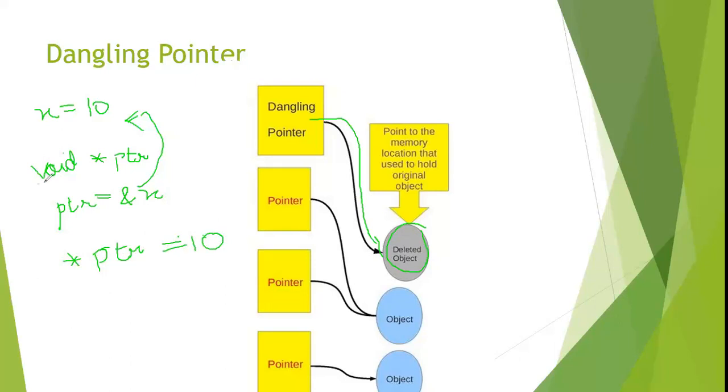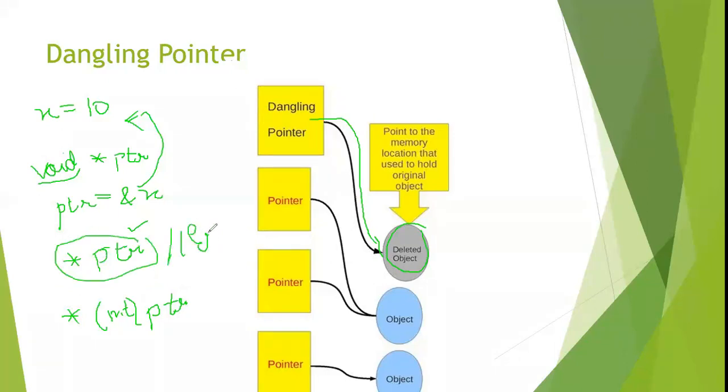But since it is a void pointer, my compiler does not know what the data type of this pointer will be. So whenever I want it to print 10, how will I write? I'll write *(int *)ptr. If I write it directly as *ptr, it will give me an error. Why?